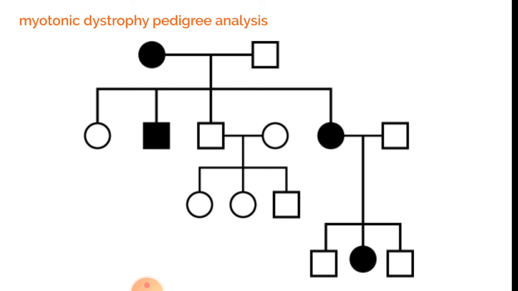You see the mother is heterozygous for muscular dystrophy, whereas the father is normal. Now the children in the next generation are a normal female, affected male, normal male, affected female. So you see here both the sexes, male and female, are affected.